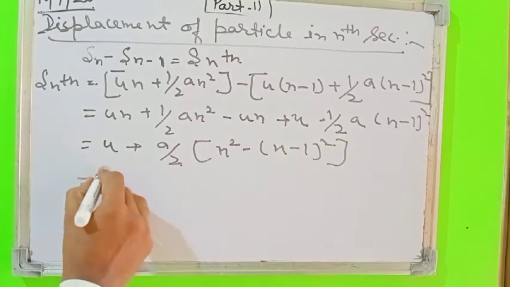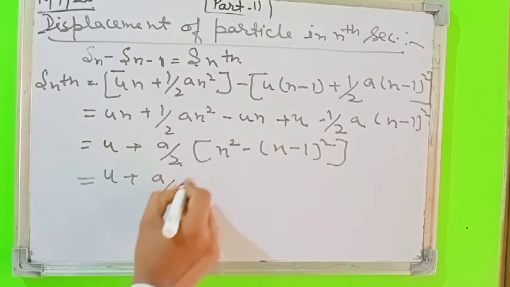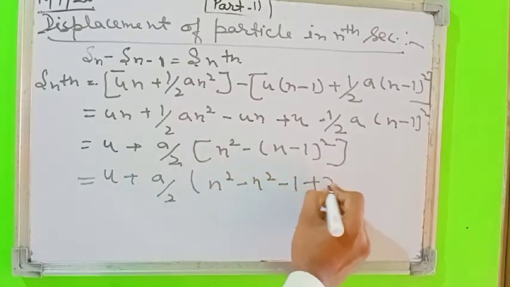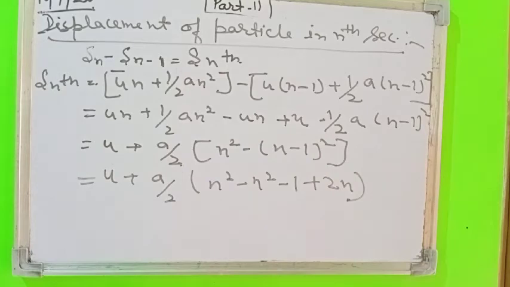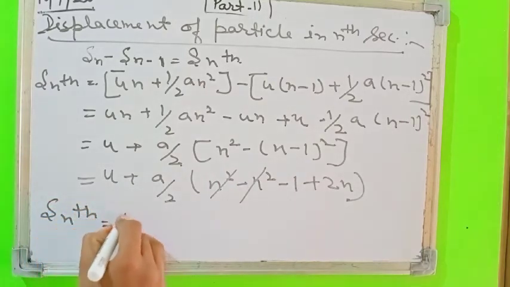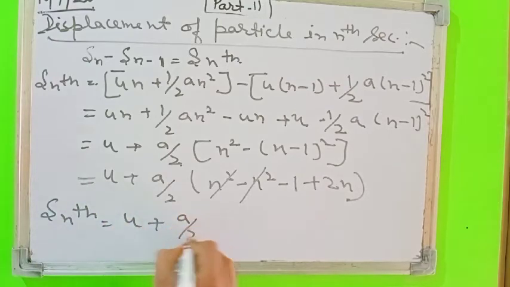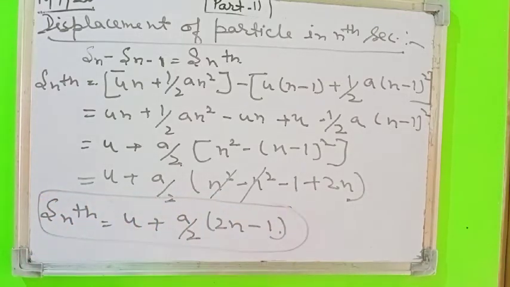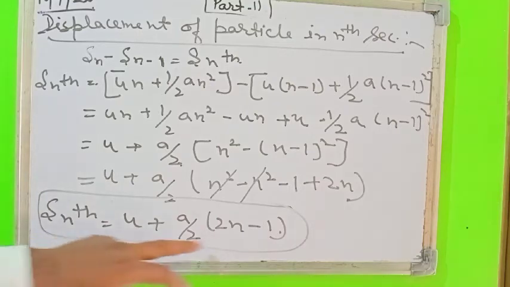And on solving here, U plus A by 2 [n square minus n square minus 1 plus 2n], it will be cancelled out, and you can write it as S_nth is equal to U plus A by 2 (2n minus 1). This is the expression for the displacement of the particle in the nth second.